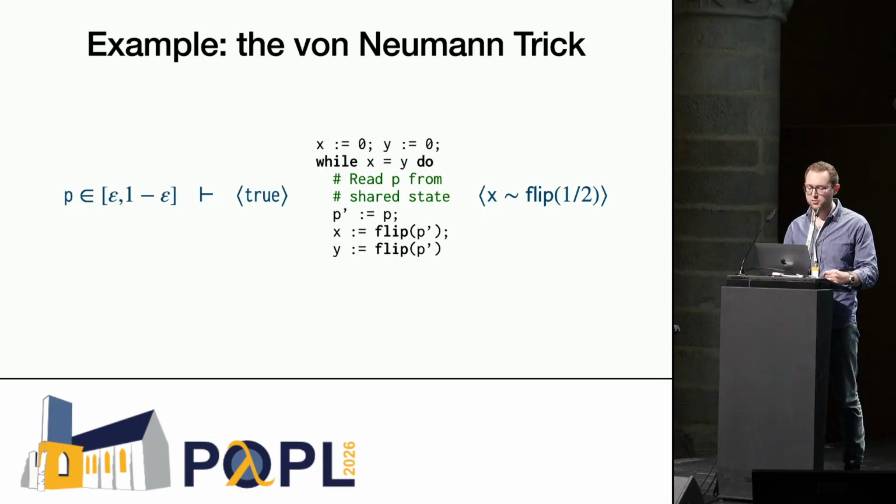And the other very interesting thing about our logic as a whole is that this specification also guarantees that if you compose another thread in parallel that's altering the probability P, it can't introduce any correlation with X. So X is going to be independent of whatever local state the other thread has. So that's very interesting as well.